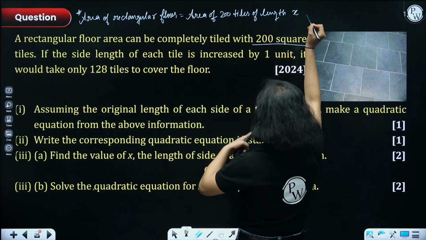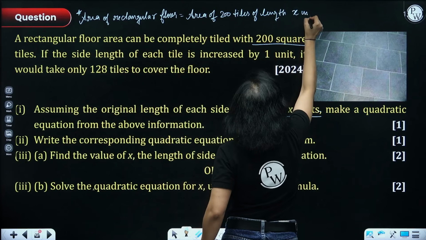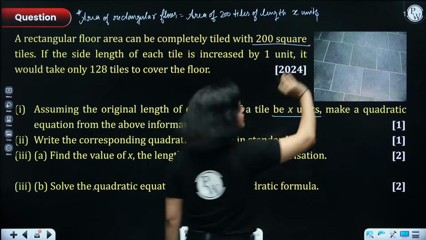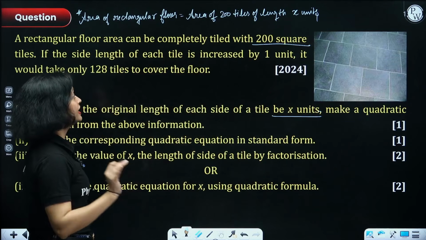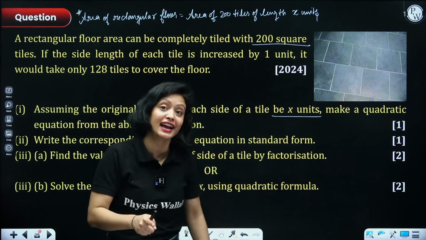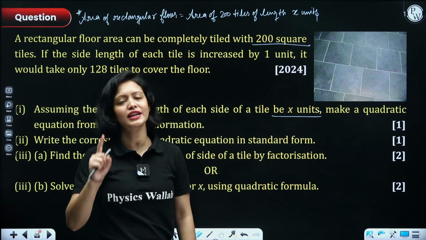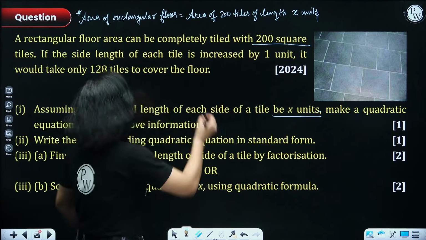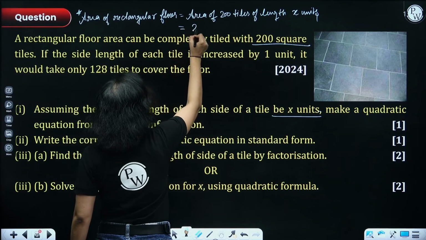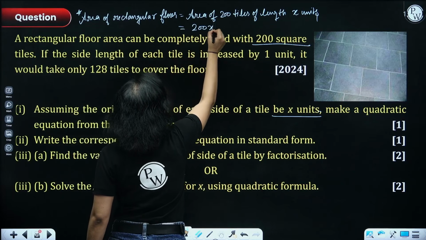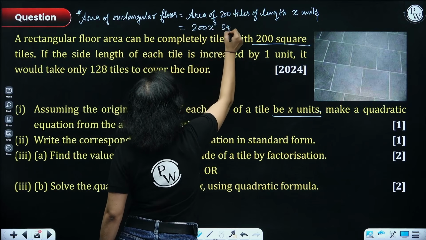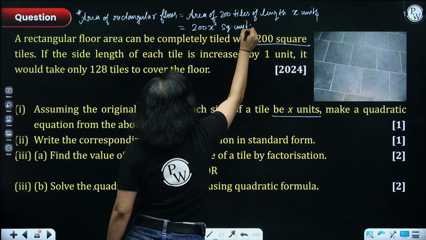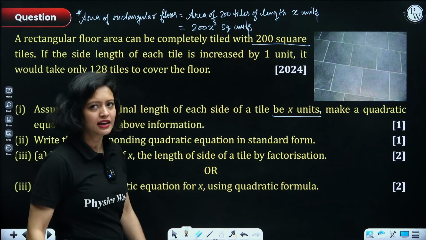They have just given x units. Okay, x units. Okay, everyone? Cool. What would be the area of 200 square tiles of length x? So I know the area of one square tile would be x square. Side square guys. Okay? So area of 200 square tiles would be 200 x square units. Simple. But it is still not a quadratic equation, right?